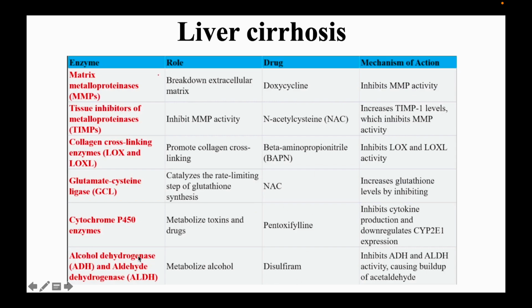So these are the different drugs which are used to treat liver cirrhosis by inhibiting cytochrome P450 enzymes, glutamate cysteine ligase, and alcohol dehydrogenase. So alcohol dehydrogenase and aldehyde dehydrogenase, LDH, ALDH and ADH. These are the major enzymes which are also used in the diagnostic field to check the liver damage as well.